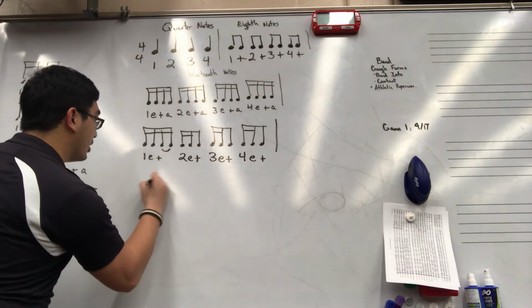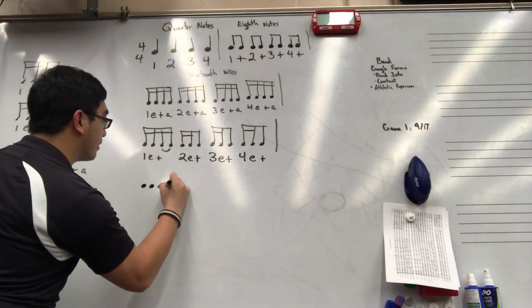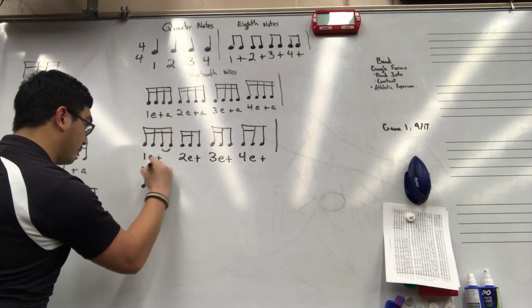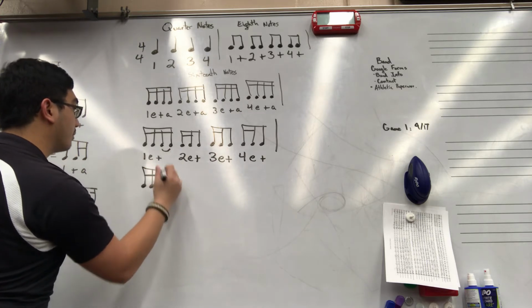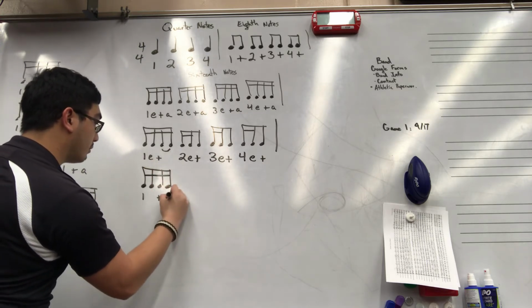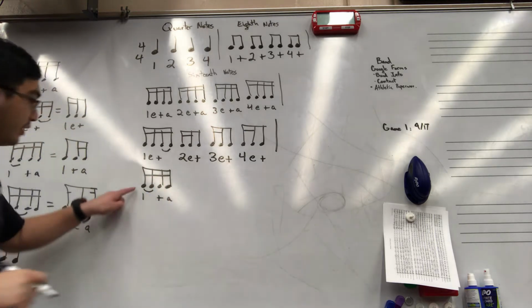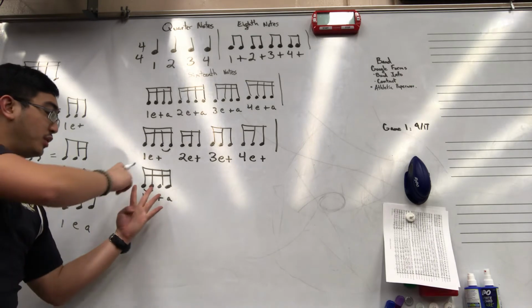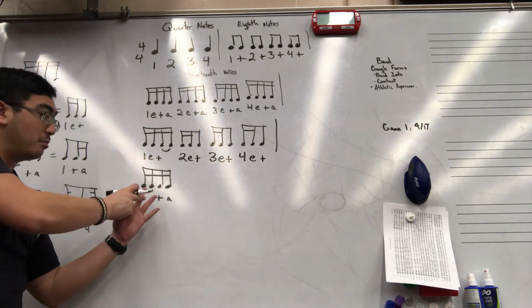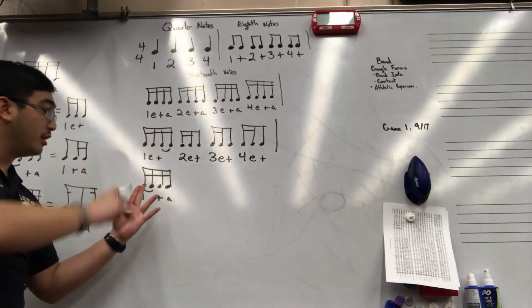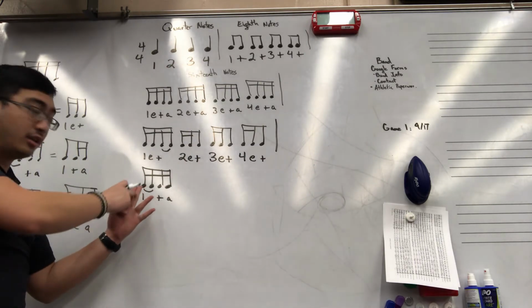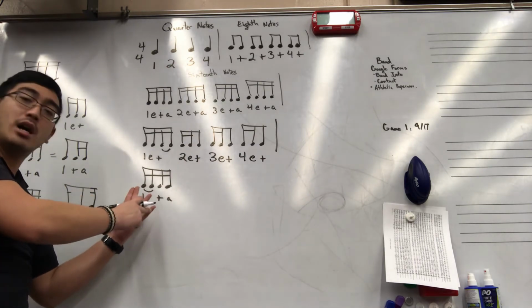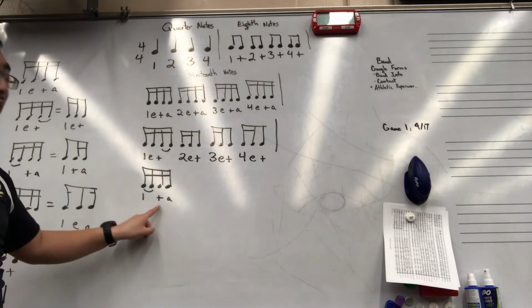The next permutation of 16th notes and 8th notes is if we tie the first 2 16th notes together. If you tie 1 E and a but put the first 2 together, you say 1, ignore E, and you have and a. Your count structure is 1 and a.